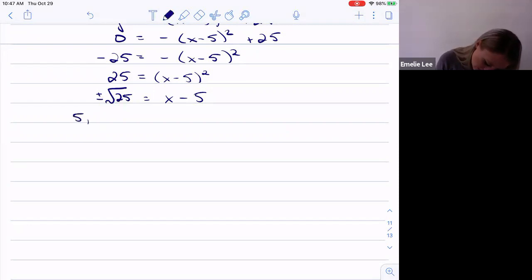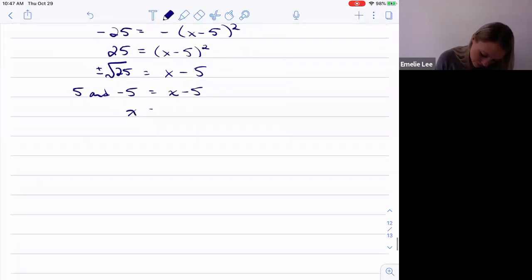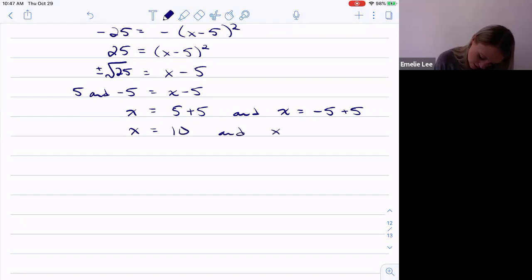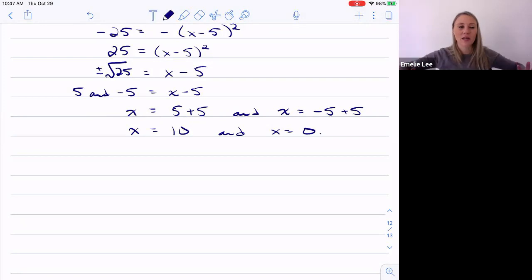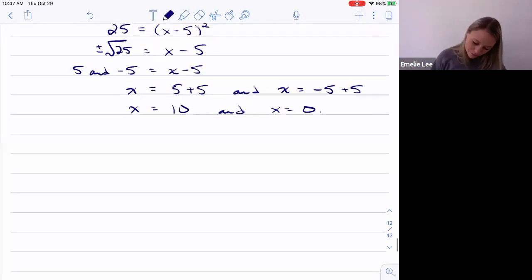Solving for x, it's either 5 plus 5 or negative 5 plus 5. So x is 10 and x is 0. Both of these cross the x-axis, so it makes sense that we get two x-intercepts.